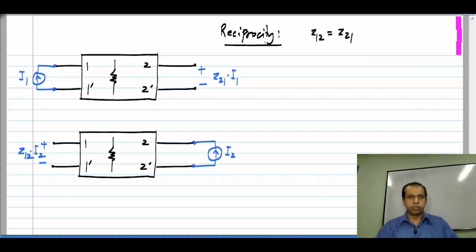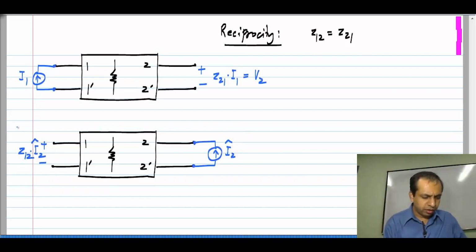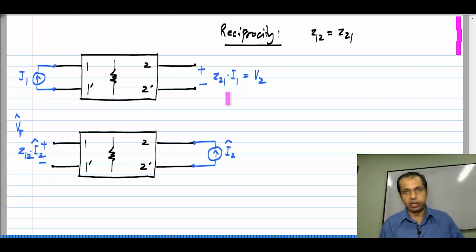Now, what I have to prove is, let me call this V2, and just to distinguish between these two, let me call this I2 hat. Then the voltage here would be Z12 times I2 hat, and I will denote that voltage by V1 hat. Okay. So, the hat refers to the second case, without the hat it is the first case.